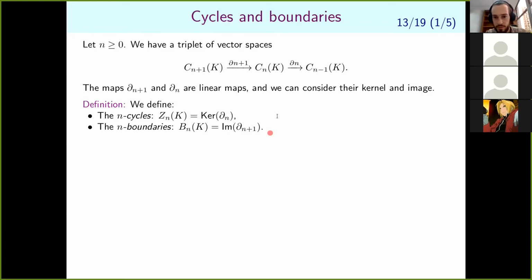And the image of the boundary operator is defined as follows. This is a set of boundary of C for each C in C_{n+1} of K.